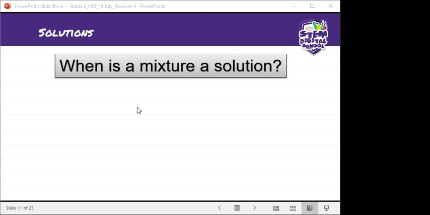I see in the group, Gia says that when two mixtures are mixed together and the mixture is done stirring, it's a solution. Okay, Tokelo says when you get two or more to mix, it is a solution. All right.